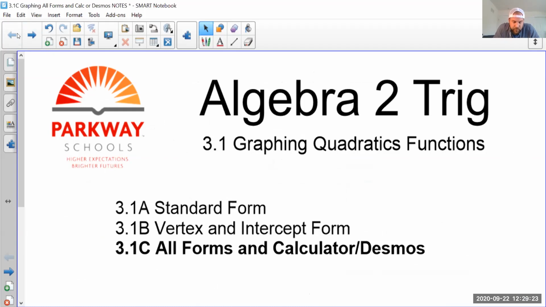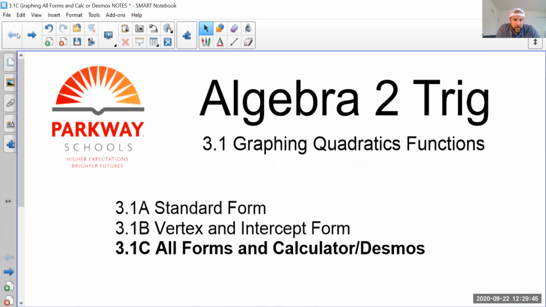So I'm going to talk about three different ways to graph using some sort of calculator. I'm going to talk about the 84s, so the TI-84. I'm going to talk about the TI-Inspire, and then I'm going to talk about Desmos as well. We're going to talk about all three of those, just depending on what you have is what you need to use.